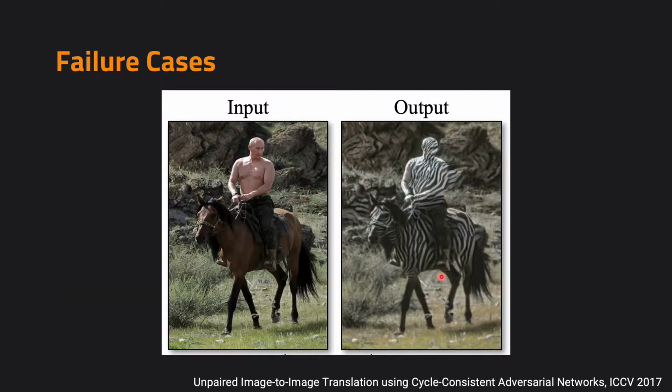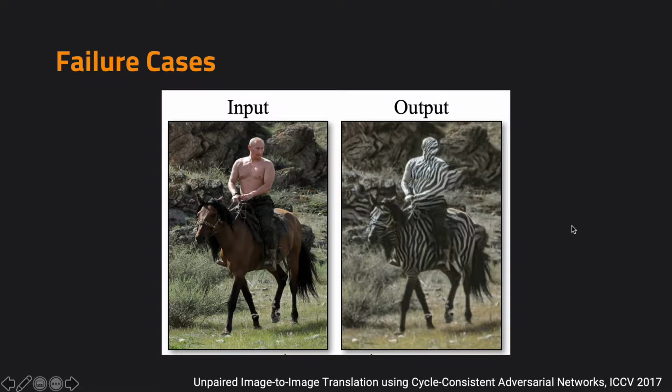This method also has another type of failure case. For example, if the image is compositional, which means that the image can have multiple elements, then the method may not be able to tell what the target objects are in the particular image and may try to transfer everything in the image to the target style.